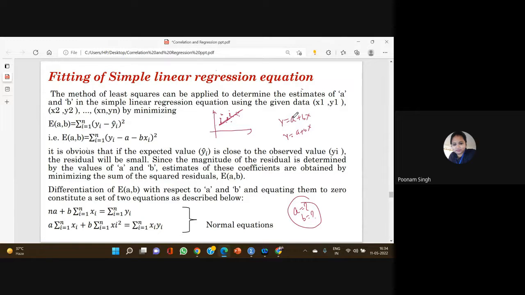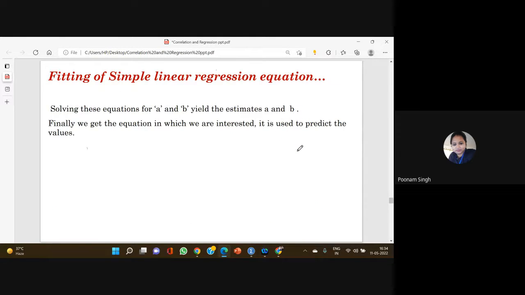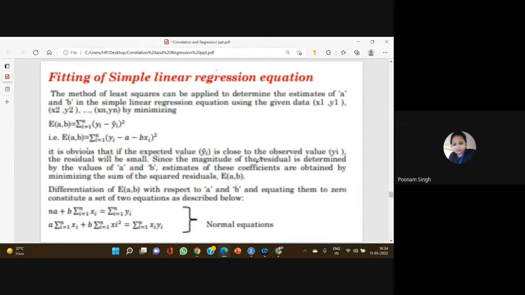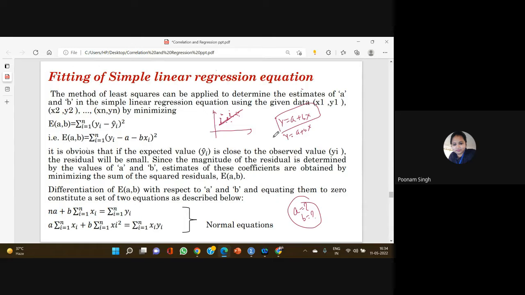After plugging in the values, we will get this line as the line of best fit, and for a particular value of x, we can predict the value of y. This is what we do through regression: for a particular value of x, we can predict the value of y once we compute A and B.